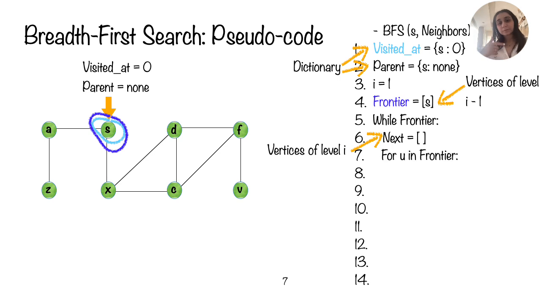For every vertex in the frontier, I'm going to go over each and every vertex in the frontier. What are the vertices? S. And for every vertex in the neighborhood of S, what are the vertices that are neighbors of S in the image? They are A and X, right?